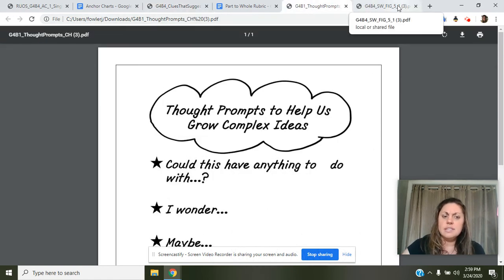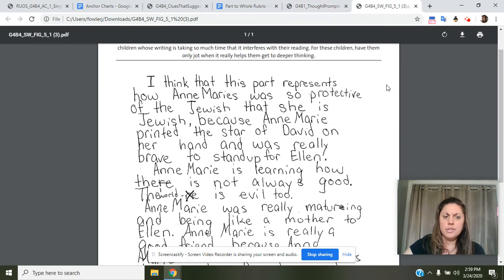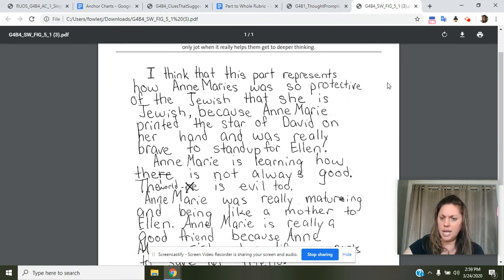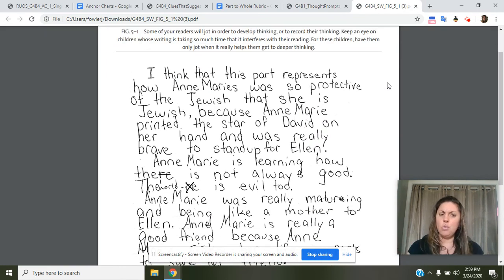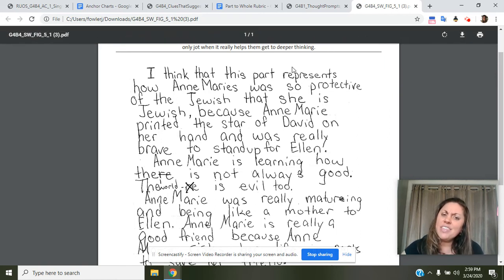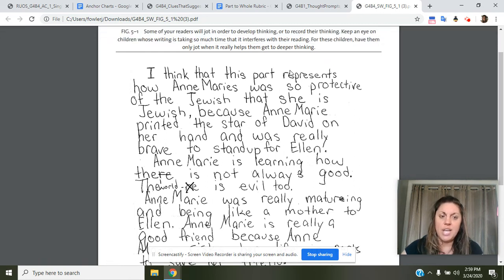that there is a part that a child worked on to kind of show you how they wrote longer and stronger on it. I hope you can see this right now. It says, I think that this part represents how Anne Marie was so protective of the Jewish, that she is Jewish because Anne Marie printed the Star of David on her hand and was really brave to stand up for Ellen.